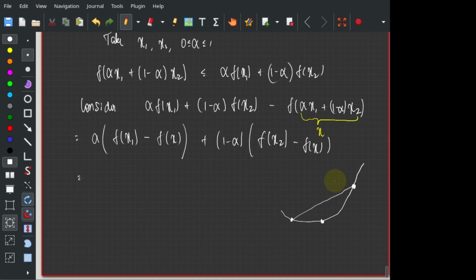Now the only property that I know about f is that the derivative is always increasing. So can I somehow get the derivative from these particular terms? Sorry, what? You can use first principle derivative.